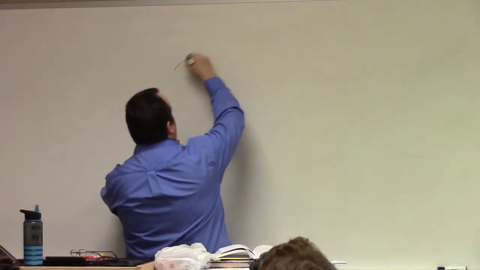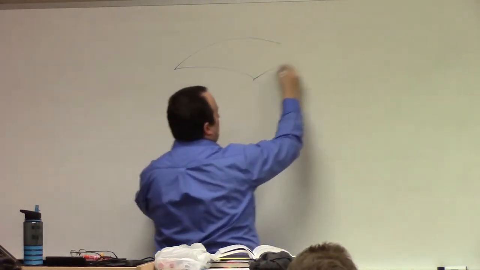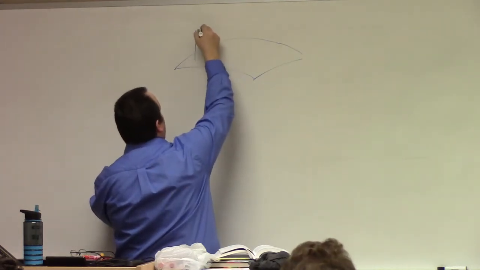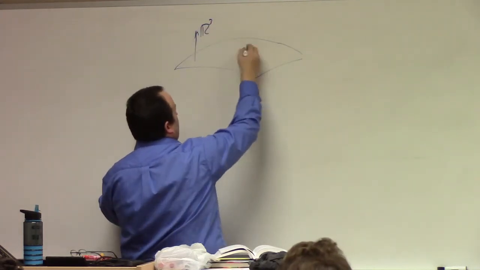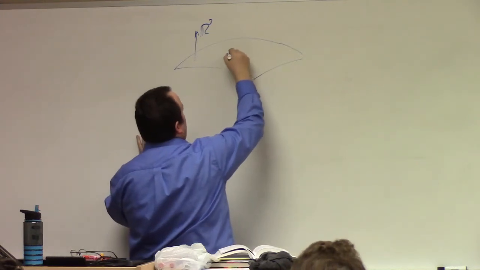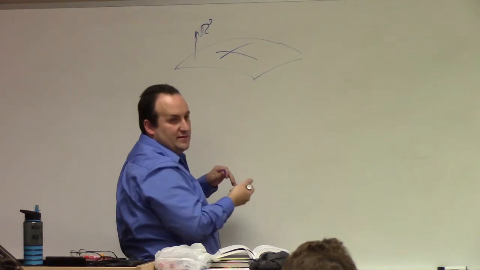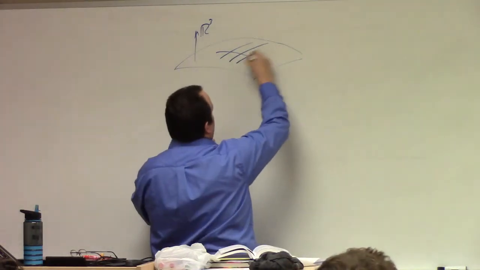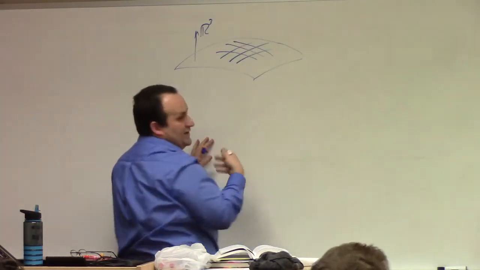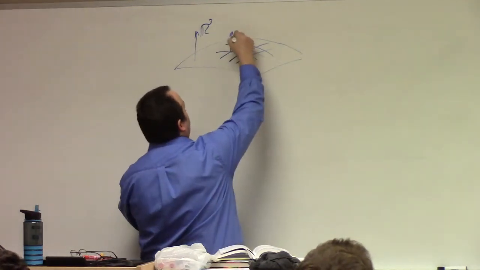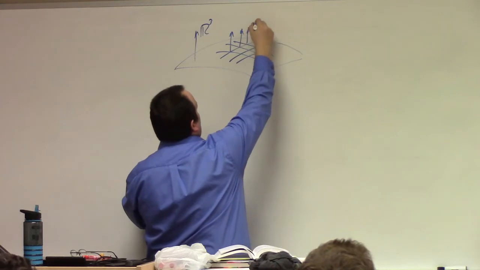You look at your manifold, really a surface inside R3 to start with. You've got UV coordinates in there somehow. You've got normal vectors. So you've got the normal vector field.